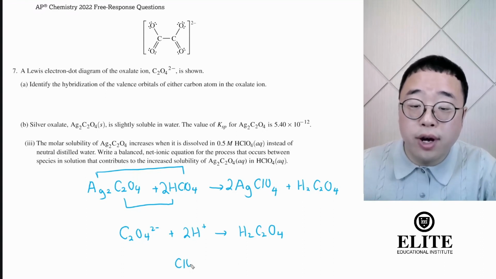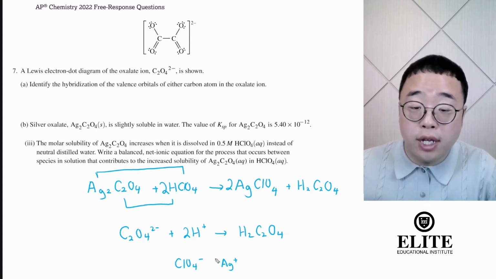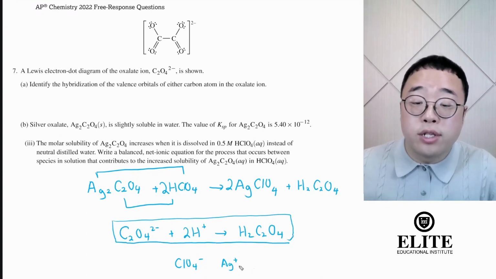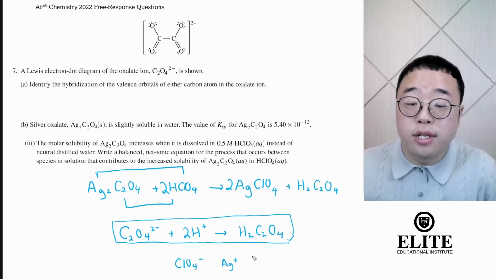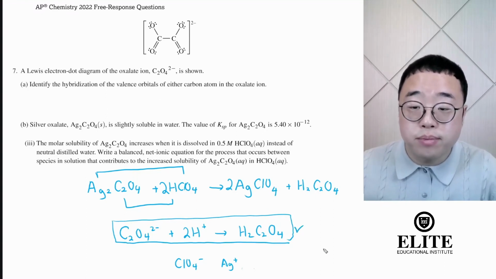The ClO4- ion and the silver ions do not change state, and so we do not include them in the net ionic equation. These are just called spectator ions. So this would be our final answer.